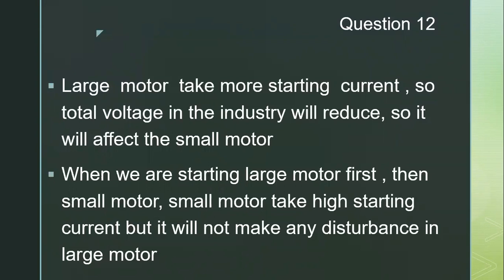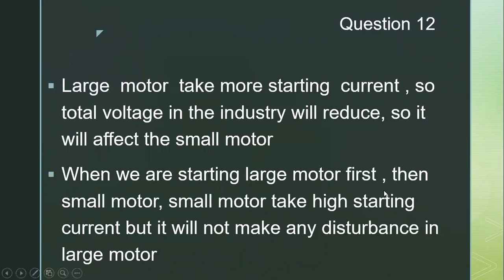In the opposite condition, when you start the large motor first, it takes the large current. After that we start the small motor. The small motor takes a small current, so it will not affect the voltage as much as in the previous condition.